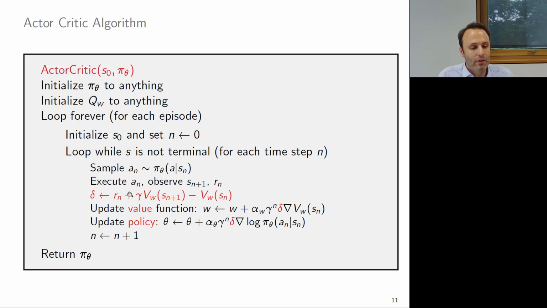From this we use our temporal difference update to get the delta, and then we update the value function by just using this version of the value iteration, and update the policy also using this gradient version of the policy iteration.